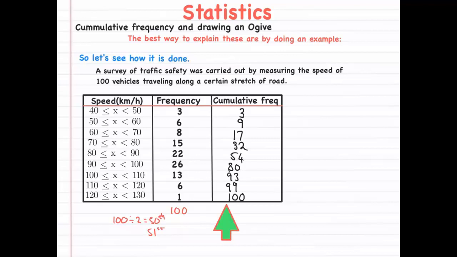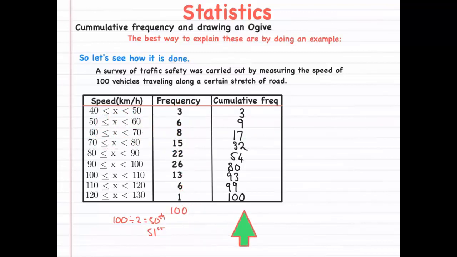So can you see that with the cumulative frequency, that last one will also tell us how many numbers are in our sample. So a survey of traffic safety was carried out by measuring the speed of 100 vehicles traveling along a certain stretch of road. So 3 of those cars drove between 40 kilometers and 50 kilometers, and so on.